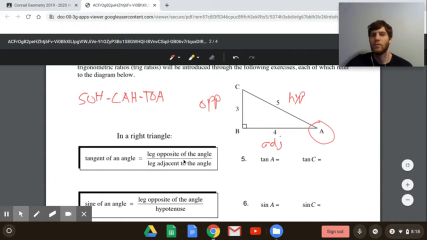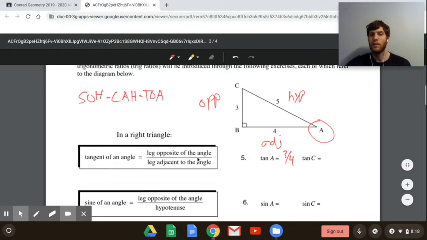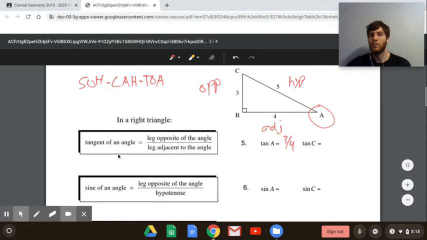Okay, so tangent is opposite over adjacent. So that's going to be 3 over 4, right? For sine, sine is opposite over hypotenuse.